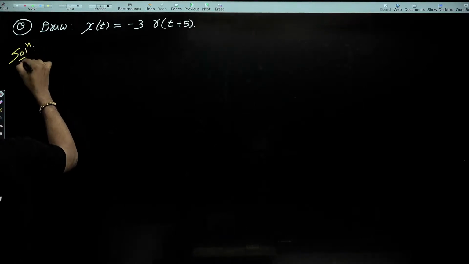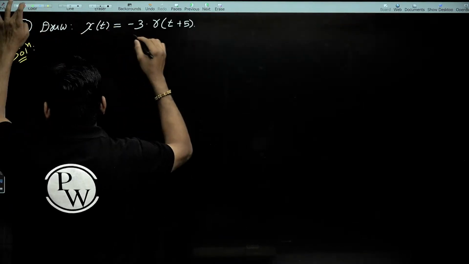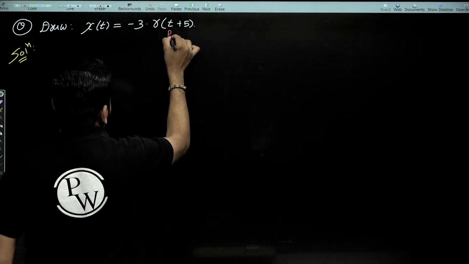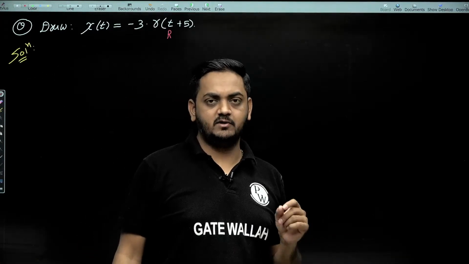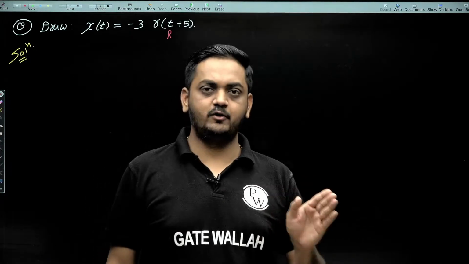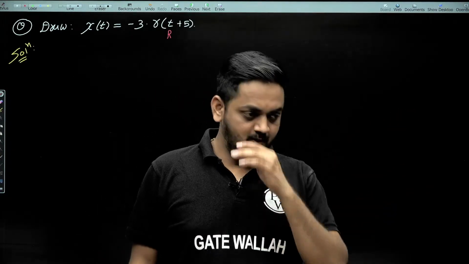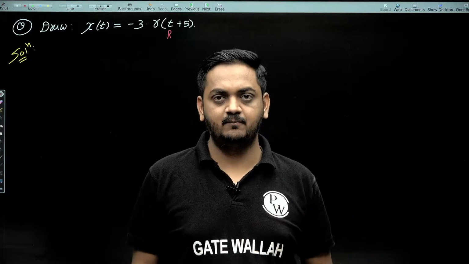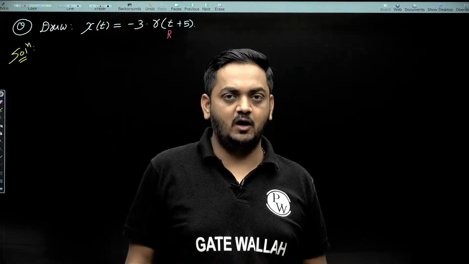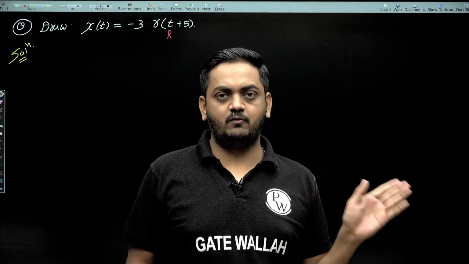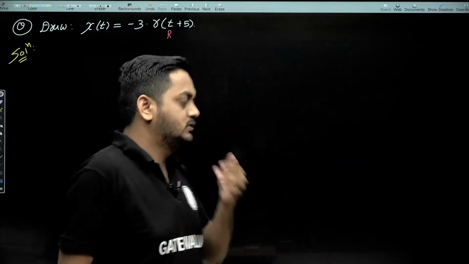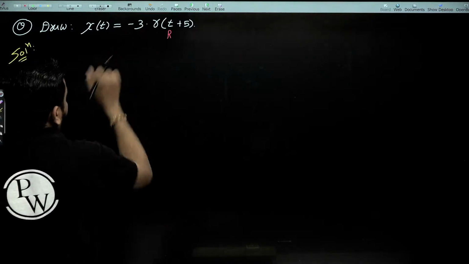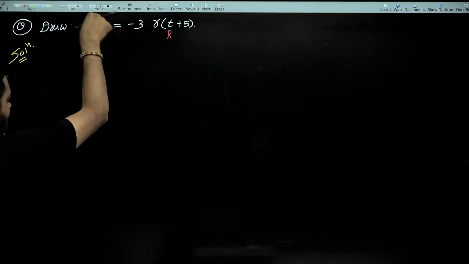So see, plus t, that means right side signal, and what is the starting point? Opposite side. It will start from t equal to minus 5 going towards right side. Now ramp function means linear. For greater than minus 5, will it be increasing or decreasing, linearly? From the sign of this amplitude, here minus 3 is there, that's why linearly decreasing, guys.